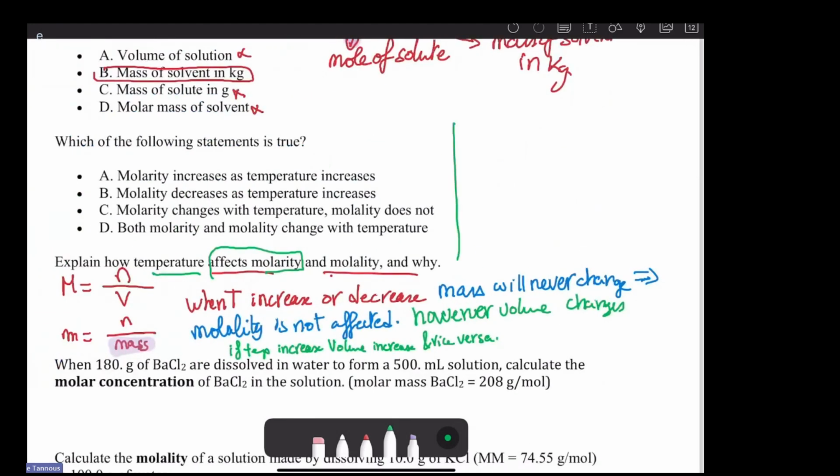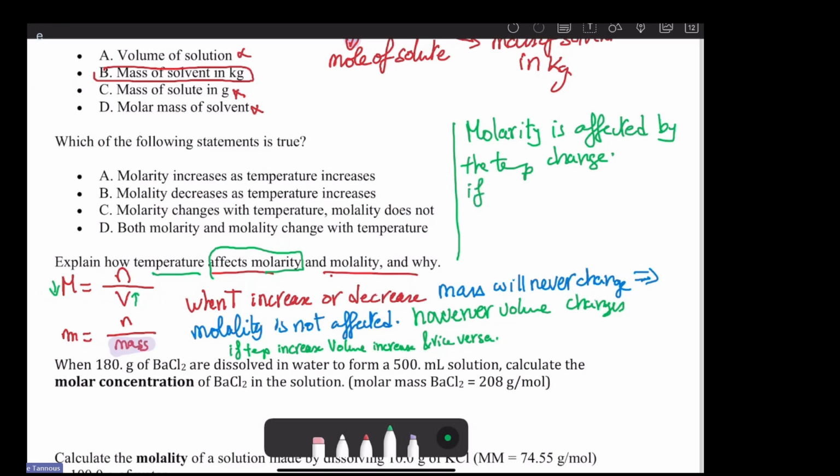How? Molarity is affected by the temperature change. So if the volume increased because temperature increased, therefore molarity is going to decrease, and vice versa.